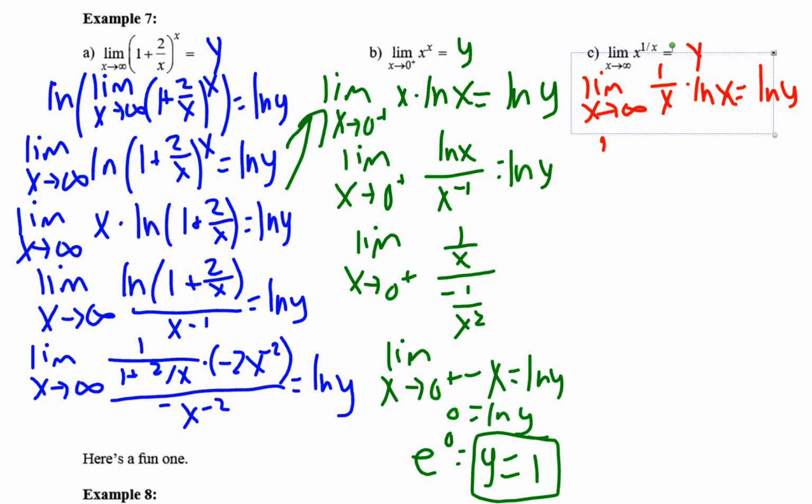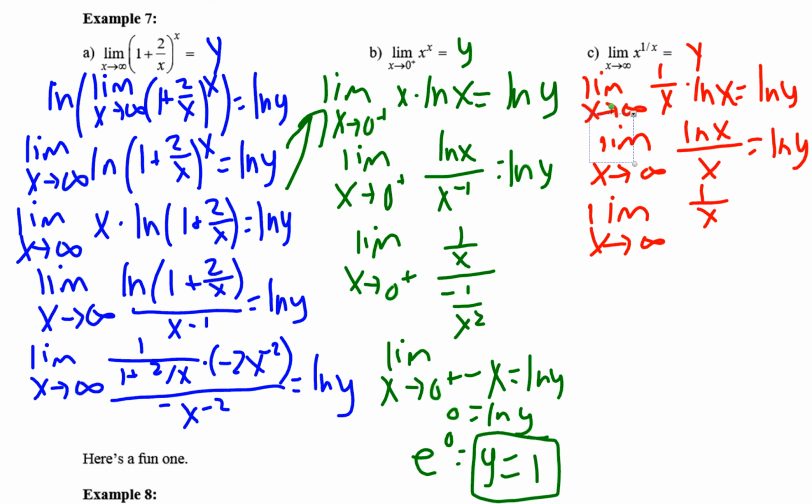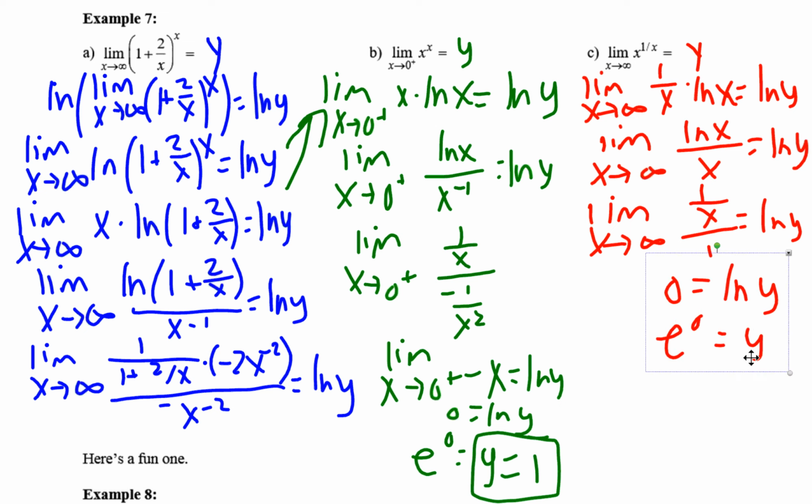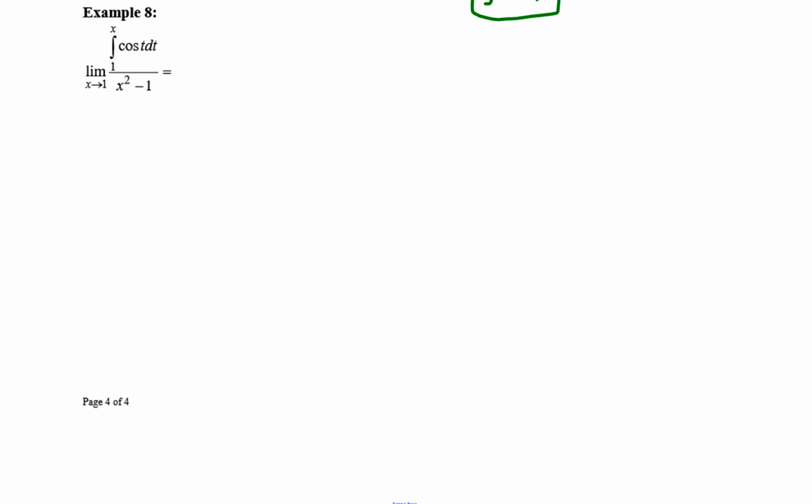I already have a fraction form, I'm just going to put it together so it looks more fractiony. Derivative. 1 over x over 1 equals ln y. Well, 1 over infinity is 0. E to the 0 equals y, and y equals 1. Again, neat.